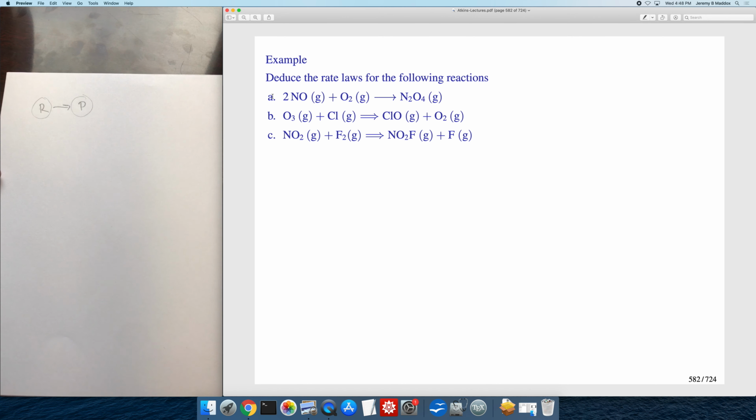So that author actually distinguishes in the chemical equations themselves, which is a stoichiometric reaction and which is an elementary step.